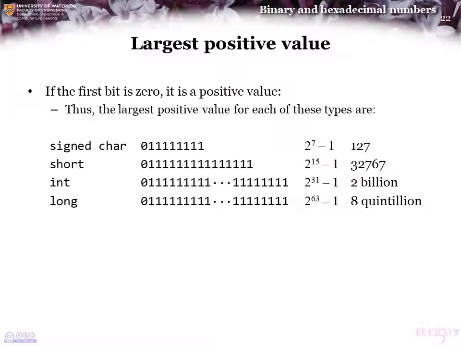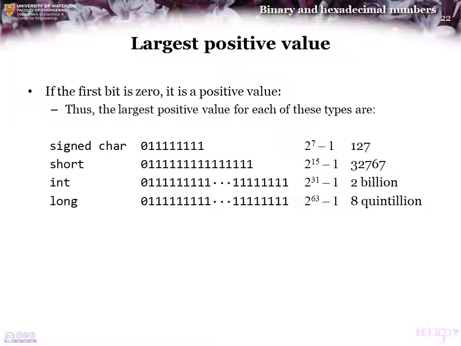For short, it is a 0 followed by 15 ones, or approximately 32,000. For an int, it is a 0 followed by 31 ones, or 2 to the 31 minus 1, which is about 2 billion. And for a signed long, the largest value it can store is a 0 followed by 63 ones, which is approximately 8 quintillion.